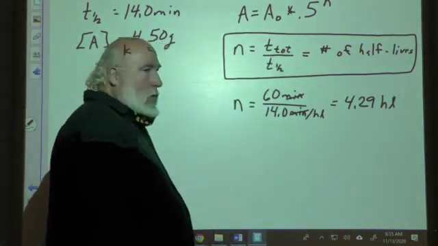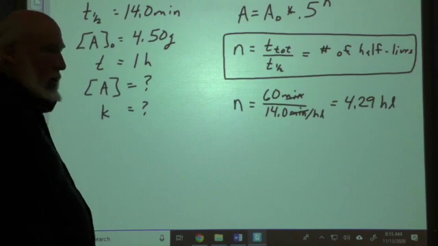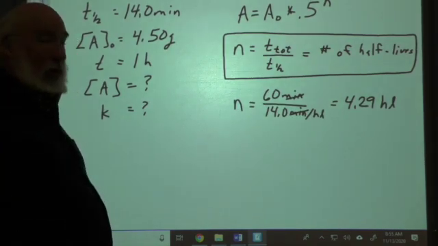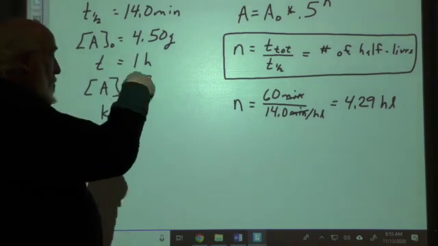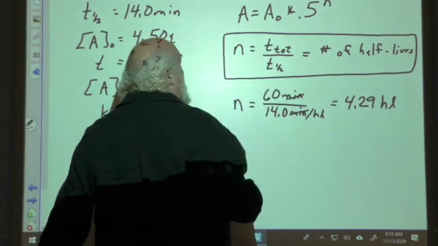Well, that certainly wasn't one of the options we had in the last assignment when we had perfect whole numbers, 1, 2, 3, 4, 5, and so on. Now we got 4.29. So this is why this formula has become very important here. We can take that for that n there.